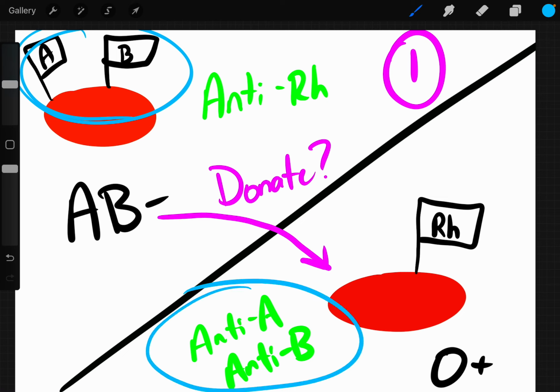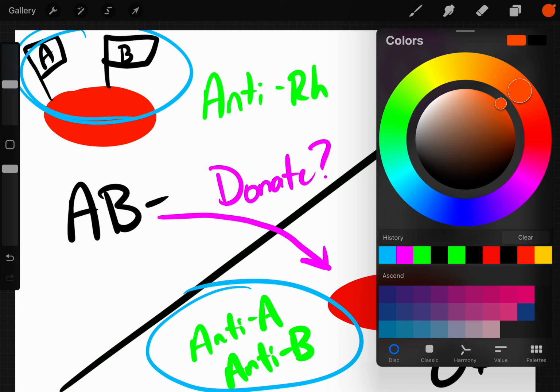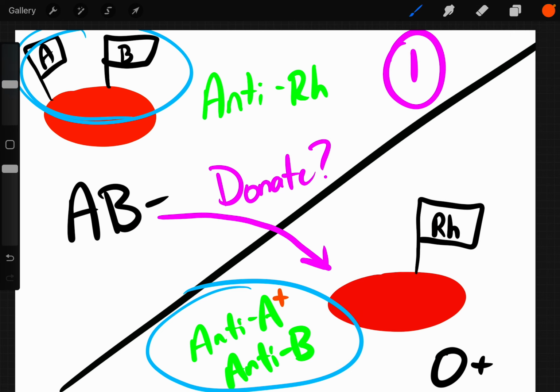Because if there is an antibody that is going to kick out either of the flags on the cell trying to get in, it cannot work. For example, there's anti-A here, which means that this A here will be kicked out. Therefore, we cannot donate blood from AB negative to O positive.